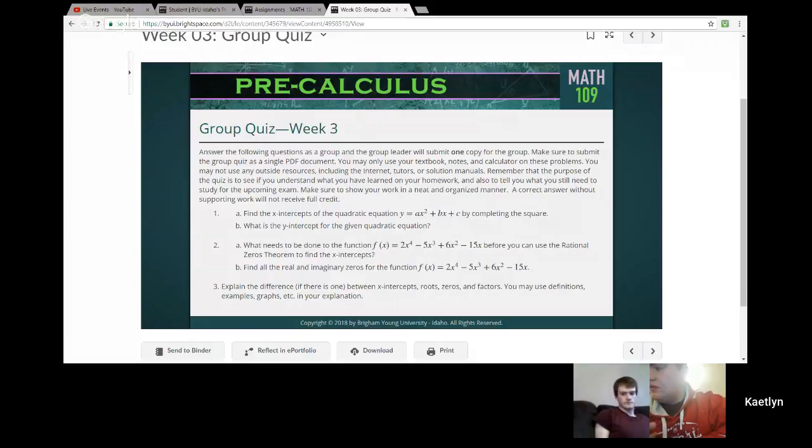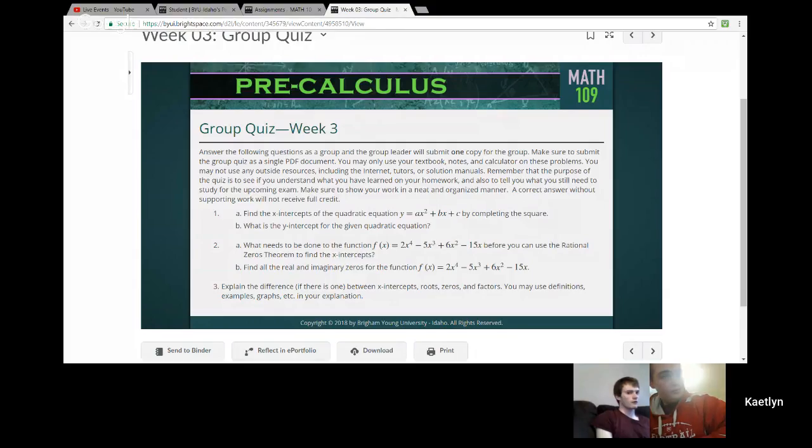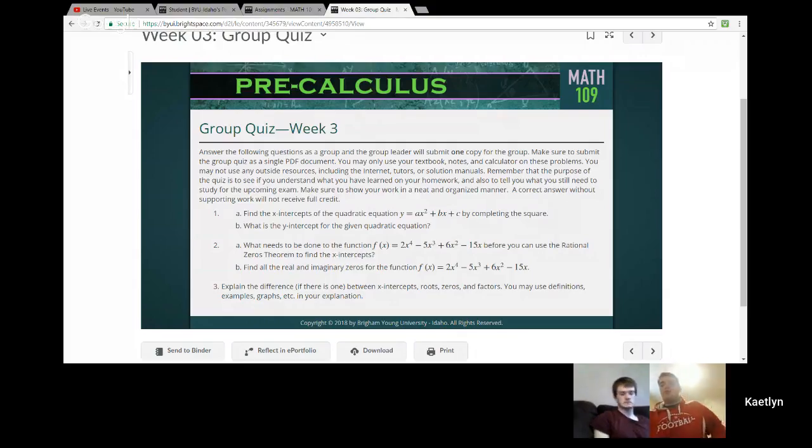So the x-intercepts should just be h and k, right? I think so. Or would it be h and 0? It should be h and 0, because it's an intercept. Yeah, because of the x-intercept. Or 0, h, whatever. Because 0 and h is the y-intercept.